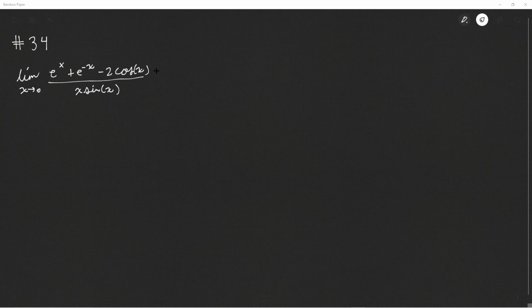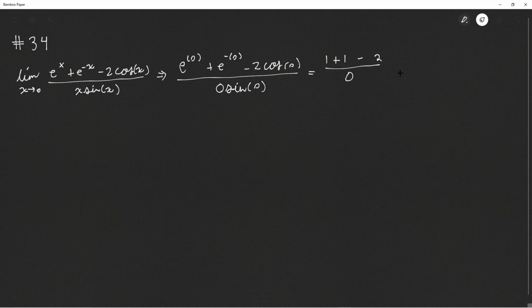So what we need to do is test it at point 0, which is going to be e to the 0 plus e to the negative 0 minus 2 cosine of 0 divided by 0 sine of 0, which gives us 1 plus 1 minus 2 divided by 0, which is just going to be 0 divided by 0. So we know that we need to use L'Hopital's rule.